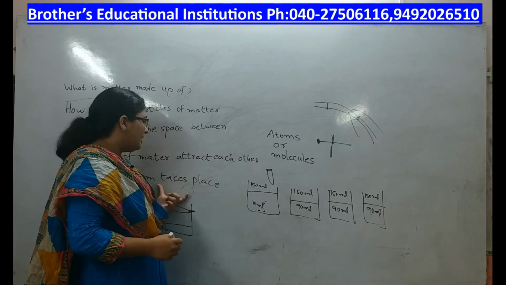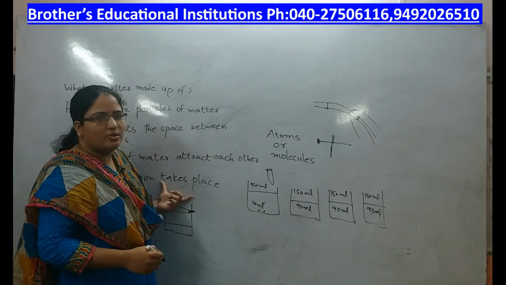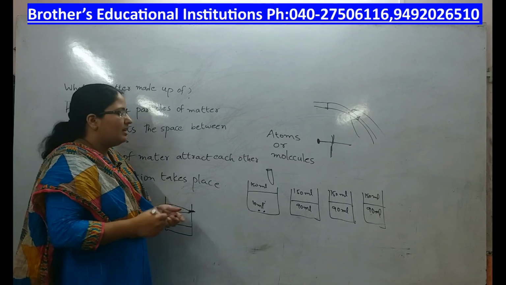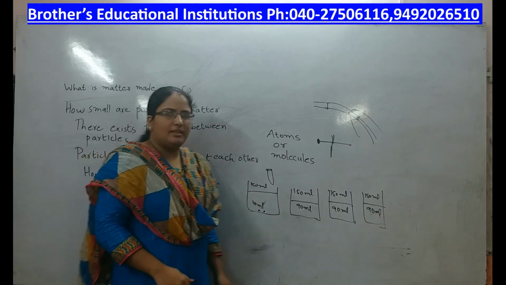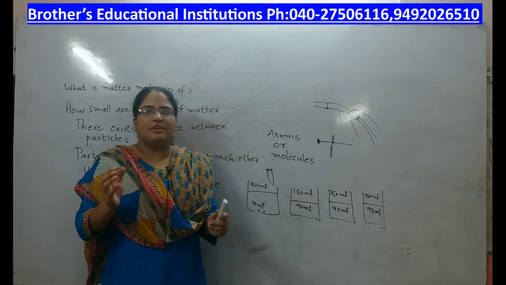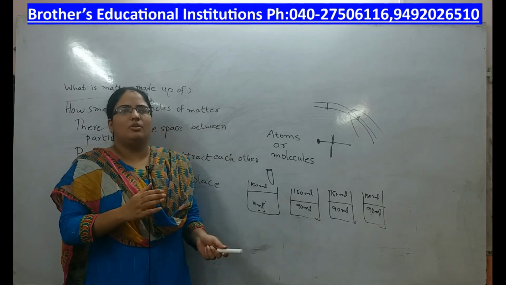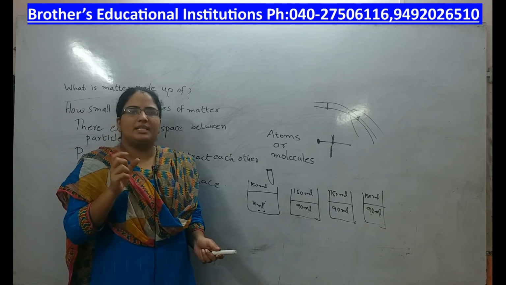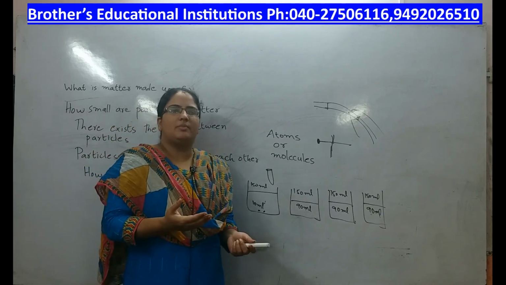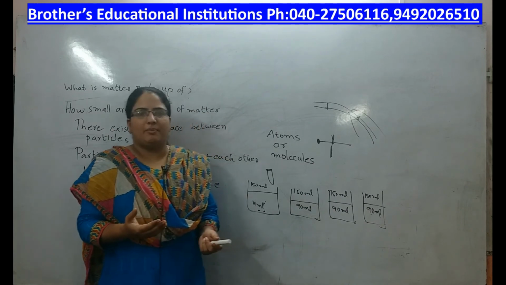Our last topic is how diffusion takes place. What is diffusion actually? It is nothing but the movement of particles from higher concentration to lower concentration. Observe the word movement: the particles have to move from one place to another for diffusion to take place.